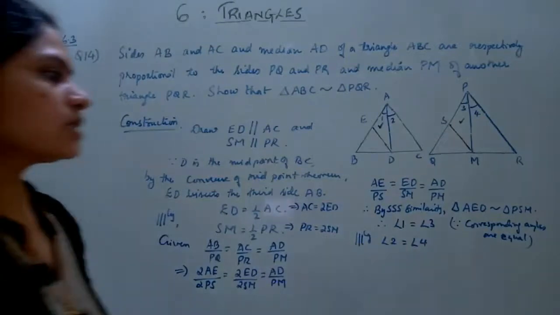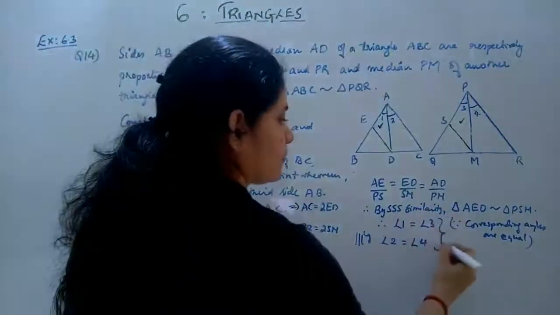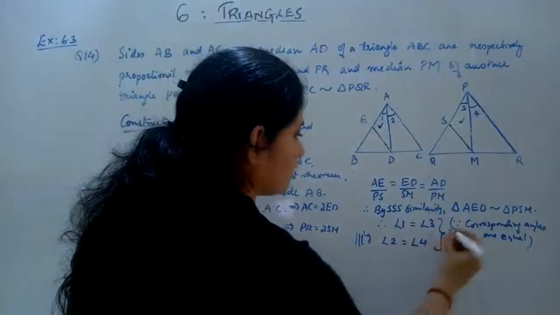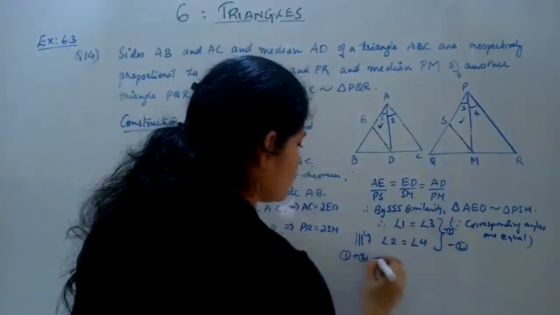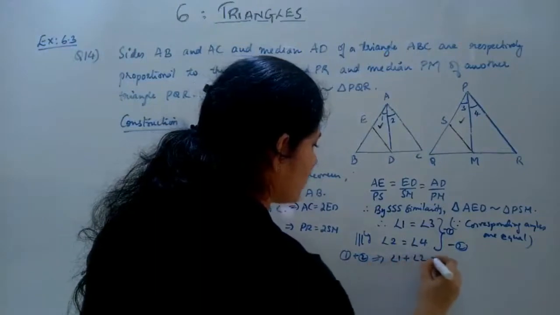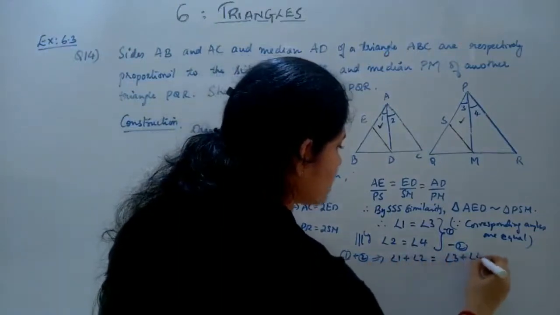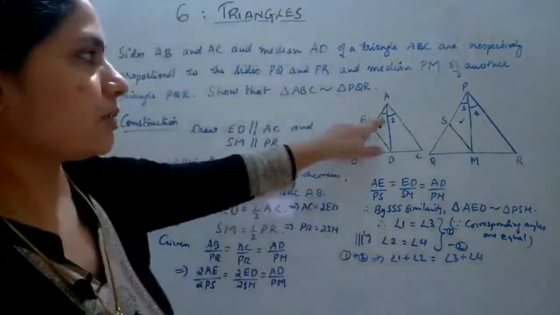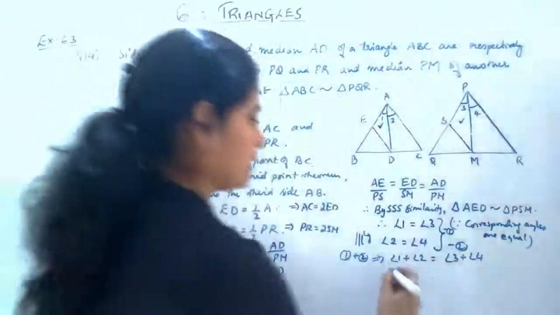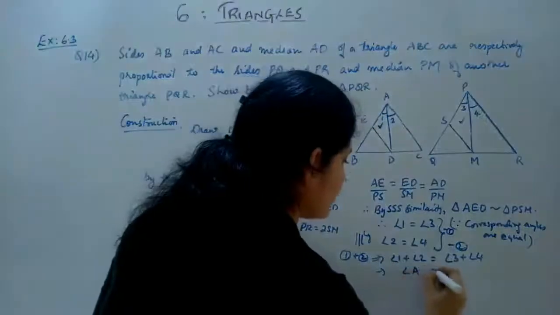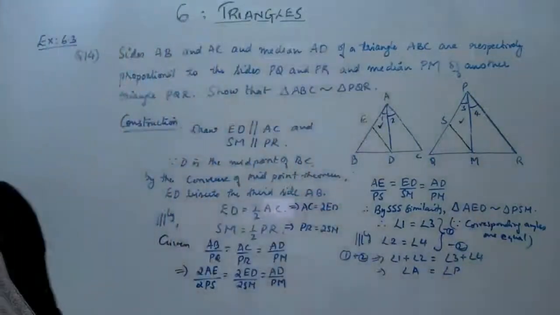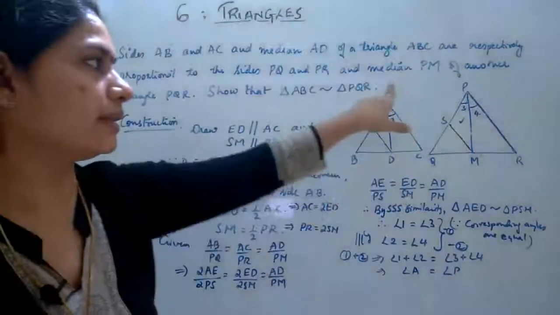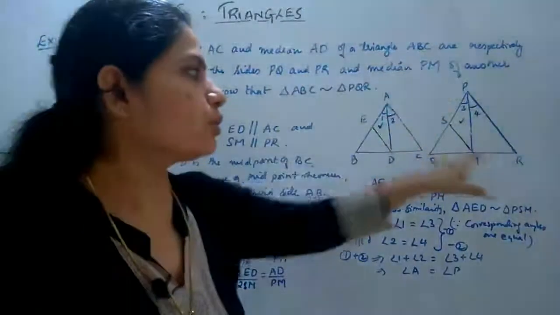Now we are adding these two. Adding, suppose this is 1, this is 2, angle 1 plus angle 2 is equal to angle 3 plus angle 4. What is angle 1 plus angle 2? It is angle A. That means you are getting angle A is equal to angle P. Now consider the whole triangles ABC and PQR.